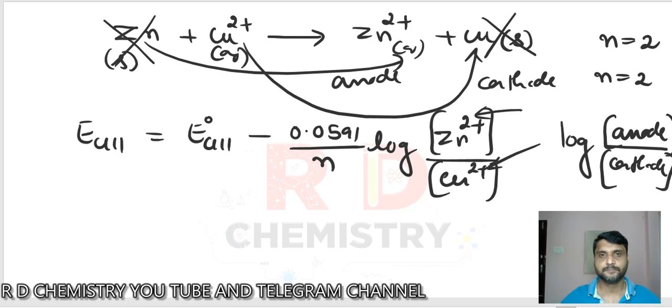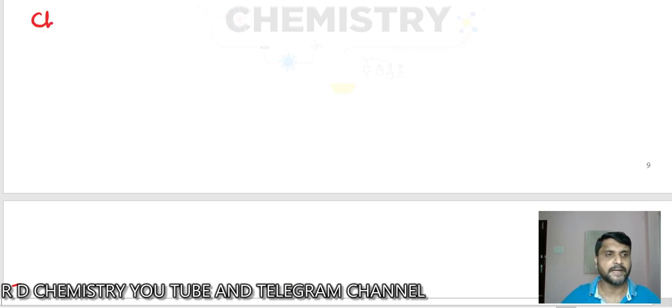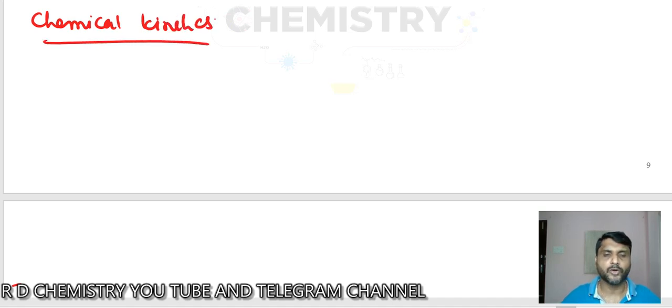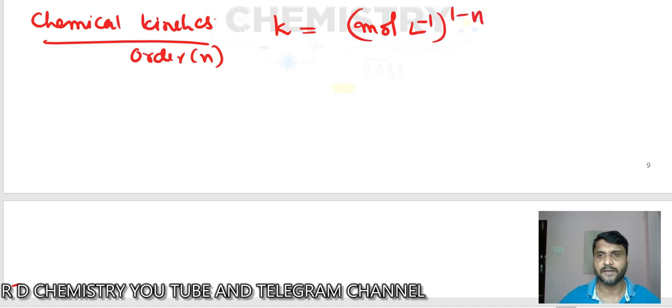Okay, clear, right? When I come across chemical kinetics, some of the formulas I'll give now. Here, if you want to calculate the K value, the unit of K for different orders, or if you want to find out the order of the reaction when they give the K value, K is in terms of mole liter inverse to the power 1 minus n, then time in terms of inverse, or second inverse.